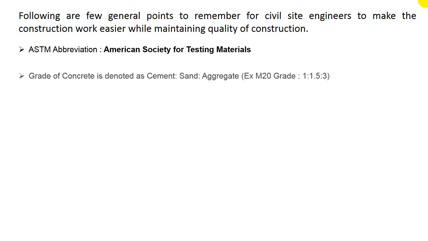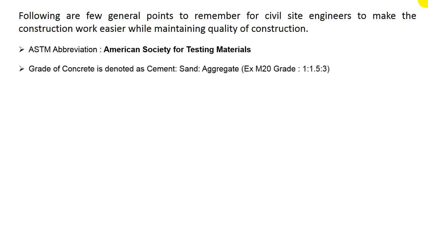Then grade of concrete is denoted as cement, sand and aggregate. For example, M20 grade represents the ratio of 1:1.5:3. And also about what the concrete grade is and what its ratio is, I have already uploaded a video. You'll find that video also in the playlist of civil engineering basic knowledge.